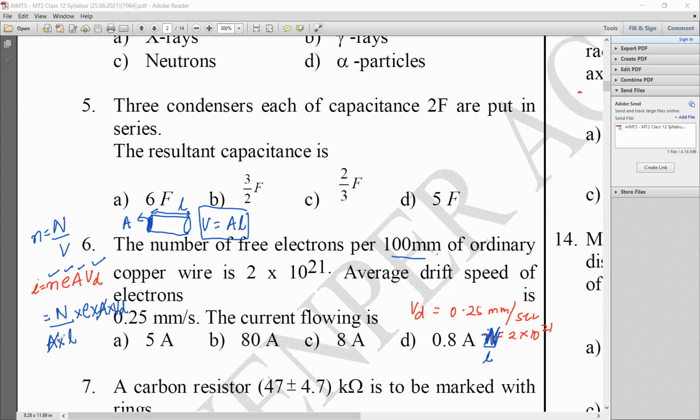A will get cancelled. N by L is what? N by L is already given, 2 into 10 power 21. e is 1.6 into 10 power minus 19. Drift velocity is already given, 0.25 millimeter per second. Clear? Yes. Next, coming to the seventh question.